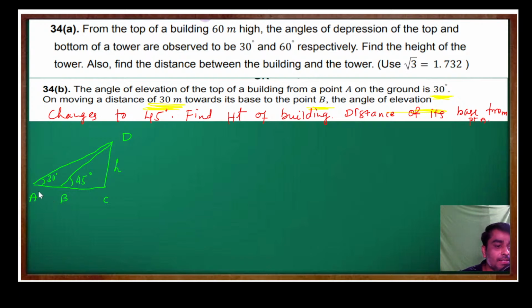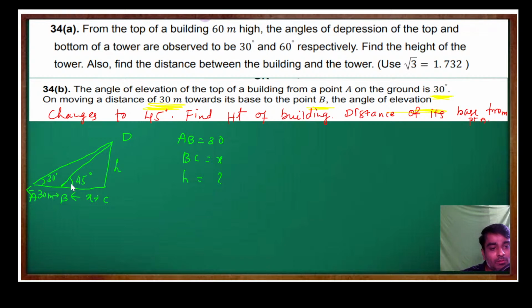This AB distance is given 30 meter. Let this be X. We don't know, so BC will be X. AB 30, BC X, and H is question mark. We need to calculate that also.